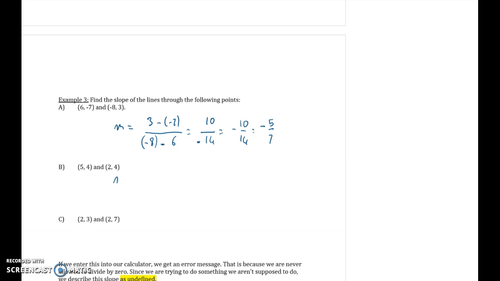Now on this one, m equals 4 minus 4 divided by 5 minus 2, which is 0 divided by 3. The slope is equal to 0.